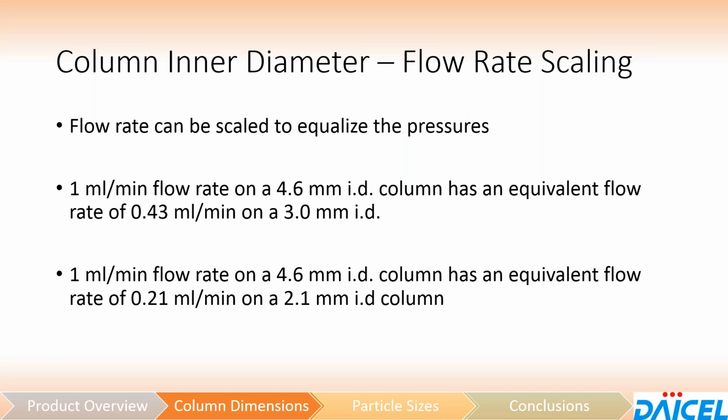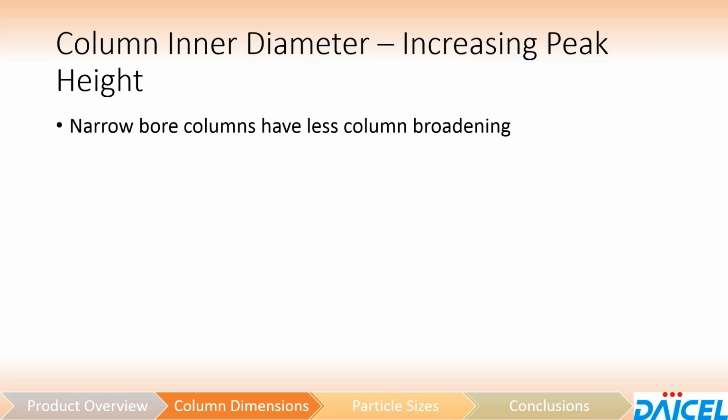Now, equalizing the flow rate is going to have some other effects down the line. Obviously, your retention times are going to be more or less the same, solvent use and things like that. So if we go back to keeping everything the same, and we look at keeping the flow rate the same, if we move into those narrower bore columns, going from 4.6 to 2.1, for instance, all of these columns have obviously a smaller inner column volume, and therefore will experience less column broadening.